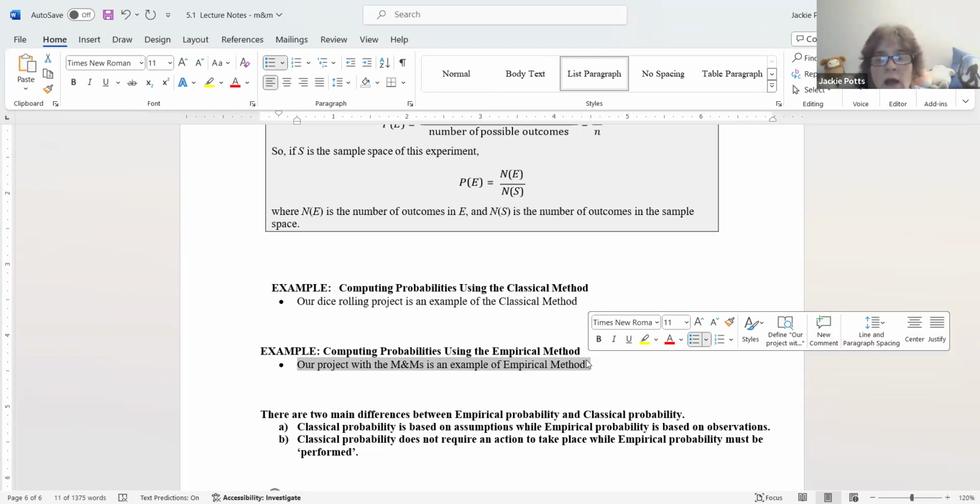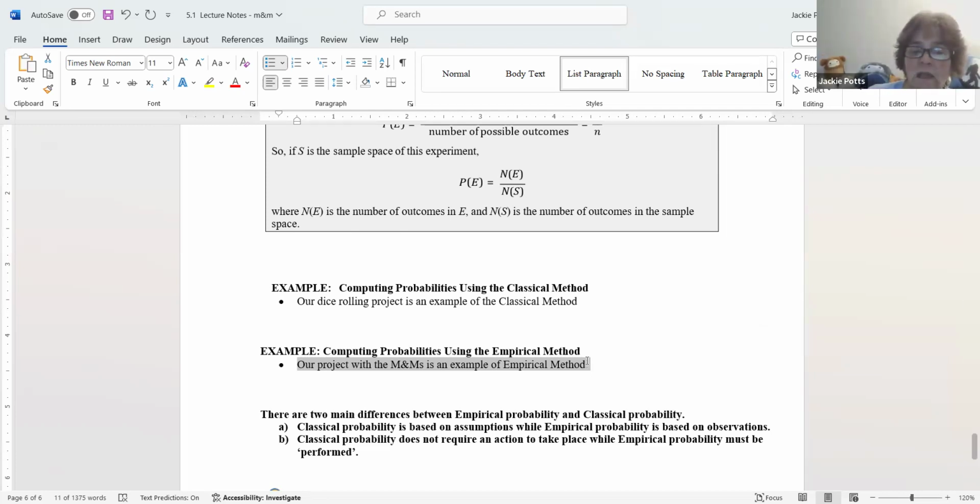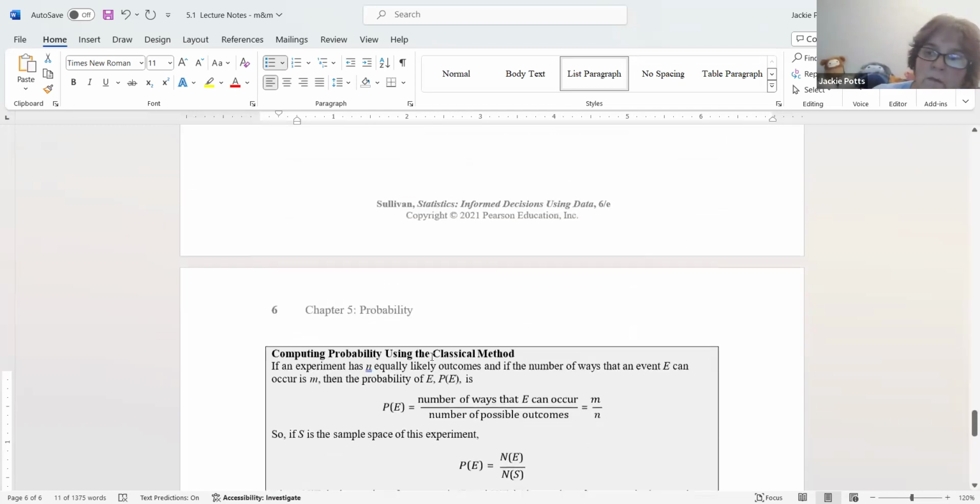It's the number of times the event occurred over the trials, but with the classical approach we have a theoretical value, like the dice, 1 out of 6. And what happened as we approached it with the law of large numbers? Yeah, it got close to the theoretical, whereas the empirical is the brown in the M&Ms.